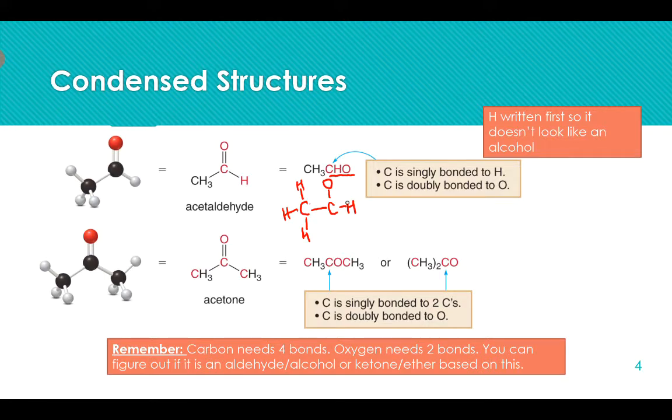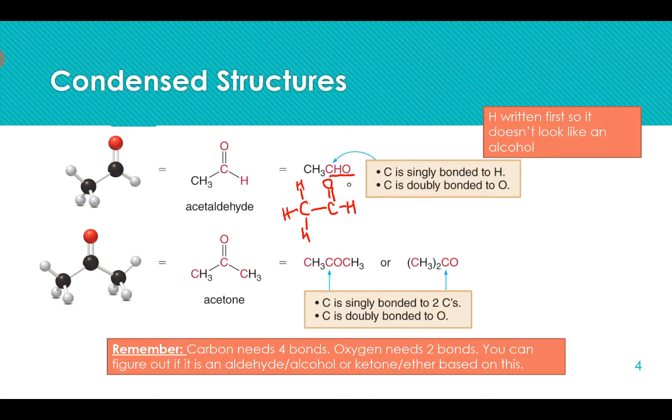We can't have a double bond to that hydrogen. This carbon already has 4 bonds, so the only thing left is for that carbon to form a double bond to that O.